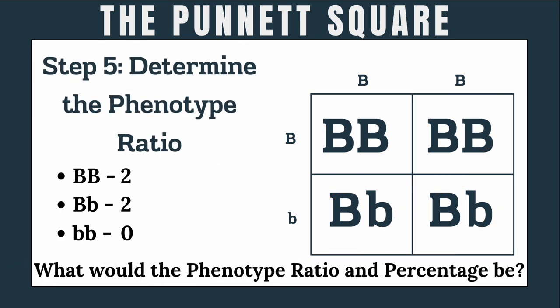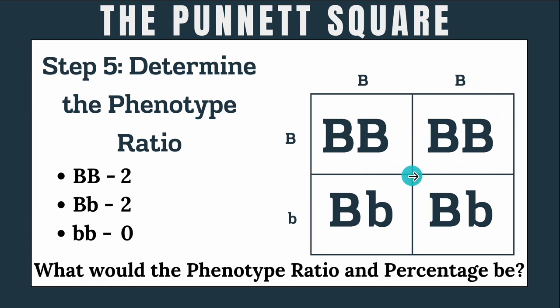You're going to determine the phenotype ratio next. So you can see that your genotype is 2 and 2 and 0. Now we're looking at phenotype. So what would this square be? Would it be black or would the cow be red? The same with this one.